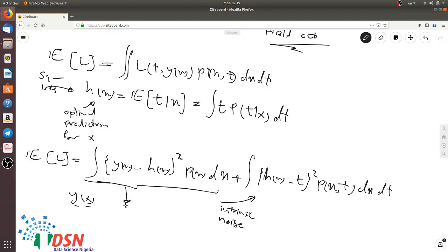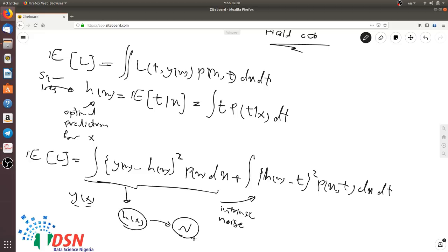We know that if we have an unlimited amount of data, then we could calculate h of x with desired accuracy from this equation. But the problem is that we just have a limited data set. We just have N data points.